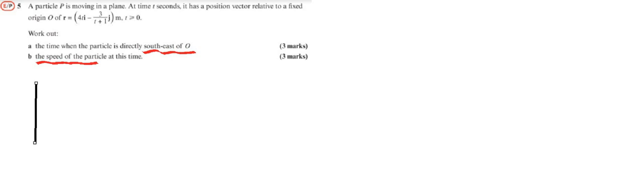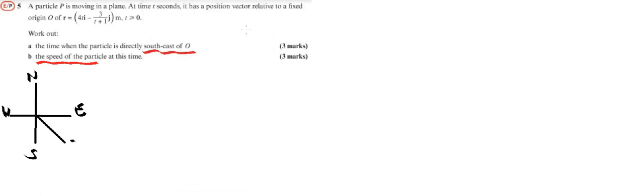So there's north to south, there's west to east. Let's annotate them: north, south, west, and east. So if we want southeast, we need it to be exactly in the middle of those two.